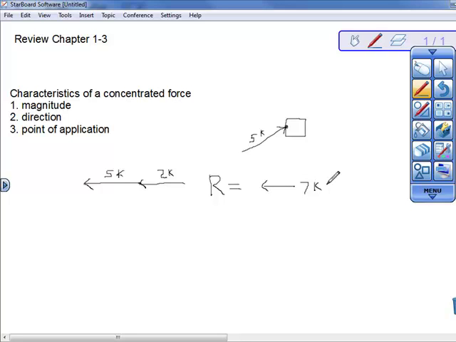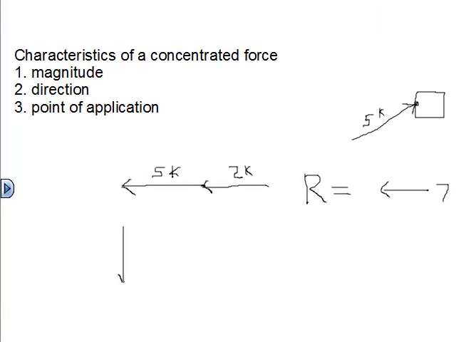So then if you get a little bit more complicated, I'm going to use this one. Let's say you have one that's going down, and then you have a force coming over like that.